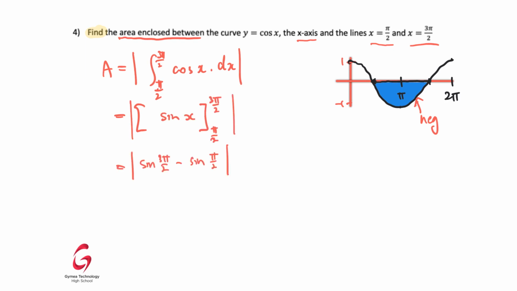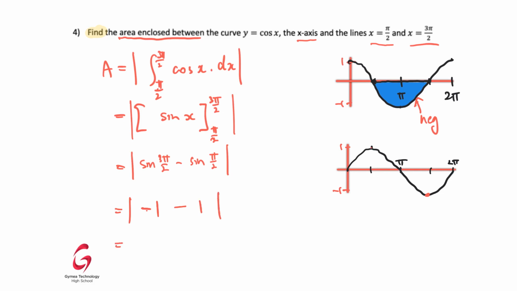So we're just substituting in 3 pi on 2 and then pi on 2 into sine. It might be helpful just to think about our sine curve. What this question is really getting is sine 3 pi on 2, negative 1, minus sine pi on 2, positive 1. So the absolute value of negative 2 is 2 square units because we're finding an area.